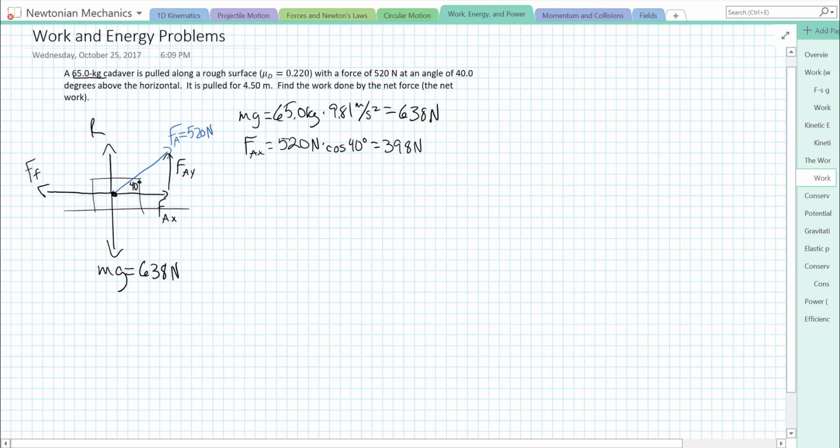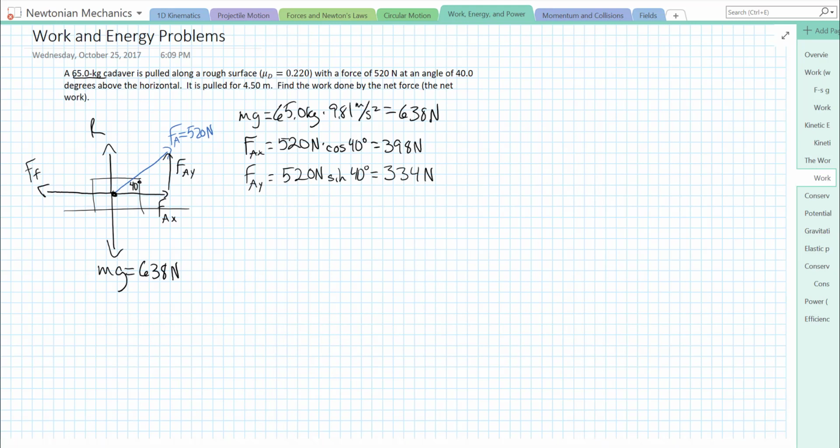And the y component is going to be sine because it's the opposite leg, 520 newtons sine of 40 degrees, which is equal to 334 newtons. So let's fill those in on my diagram as well. The x component is 398 newtons, the y component is 334 newtons.